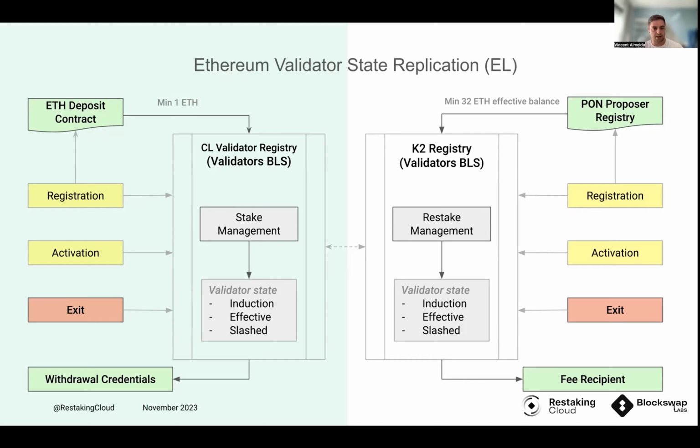When you send that registration transaction to the Ethereum deposit contract, normally people send 32 ETH, but we're illustrating the point here that you can register any credentials with 1 ETH. It doesn't mean you're going to get activated. You need 32 to be activated, but you can fire the transaction to the deposit contract, saying, I want to register some credentials for the Ethereum consensus layer.